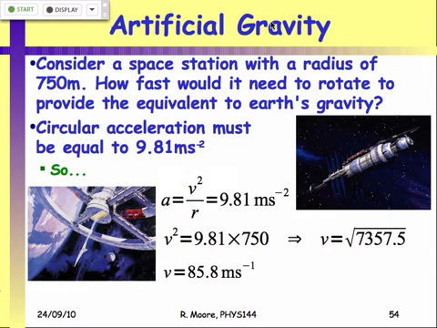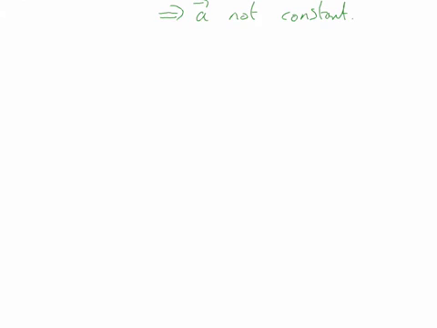So what you've got is the inside of a space station here with somebody, this is not to scale, standing there, and they're rotating about some axis here, radius r. What you want is, if the floor of the space station is moving with the speed v, the magnitude of the acceleration at the floor to be equal to 9.81 meters per second squared.